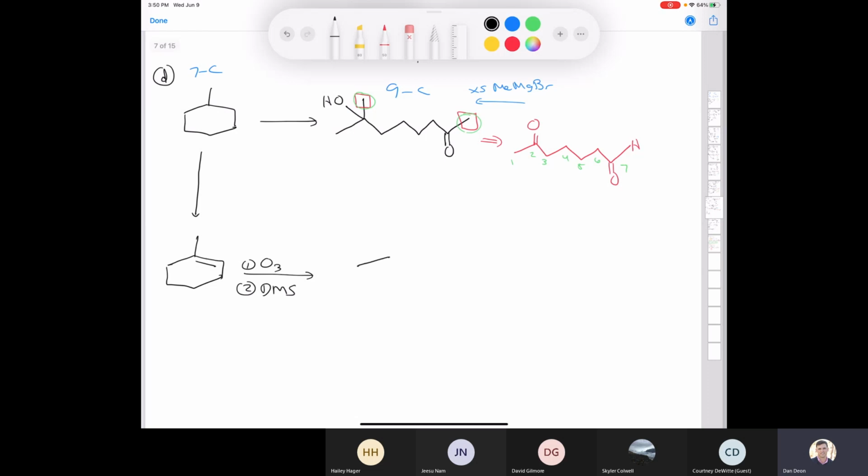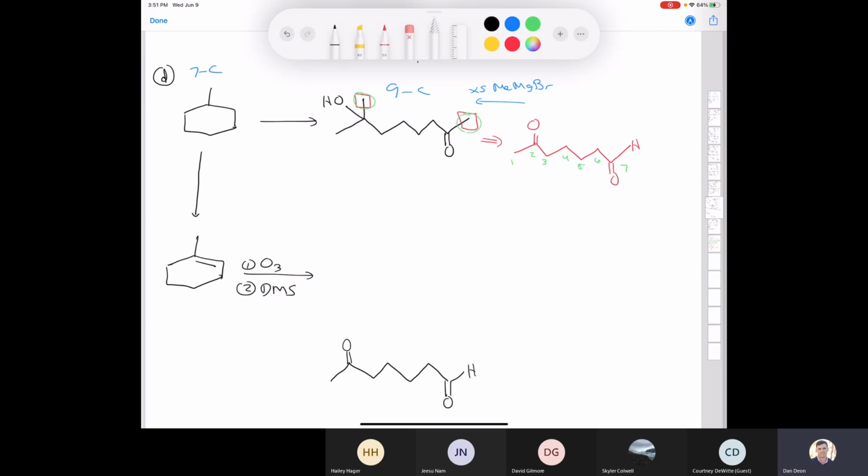So let me write it out like this. If I take the pixel eraser here and erase this, you would end up with this compound. So you've got 1, 2, 3, 4, 5, 6, 7. There you go. And this would be the compound you'd have.